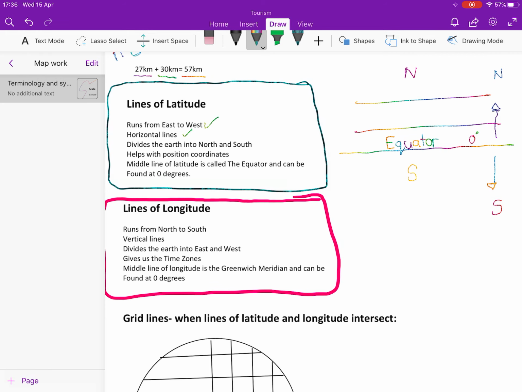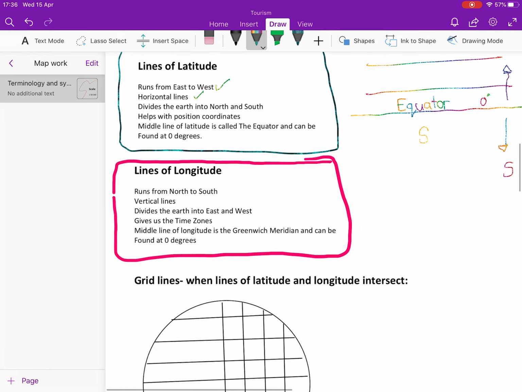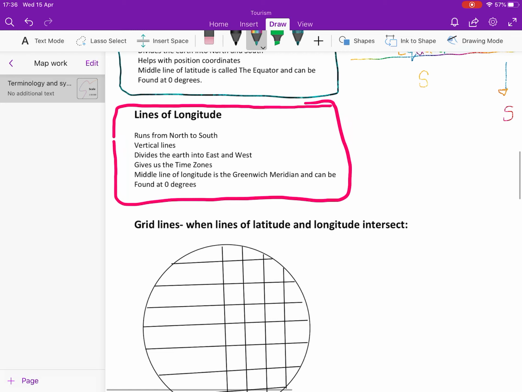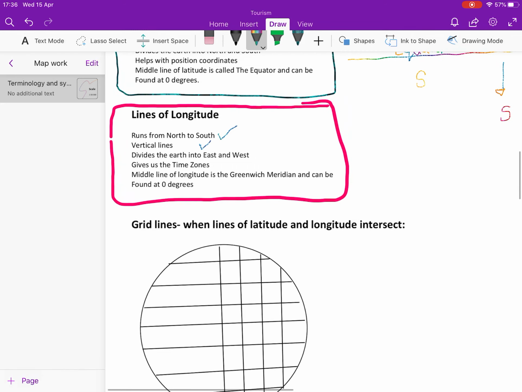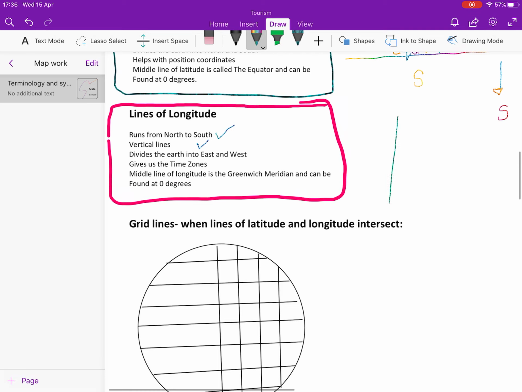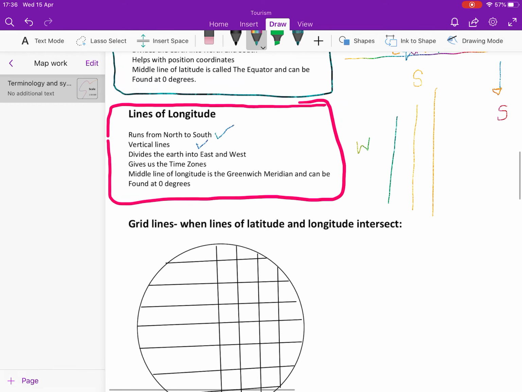Okay, let's look at lines of longitude. Lines of longitude run from north to south. They are vertical lines, so they run like this. They divide the earth into east and west.